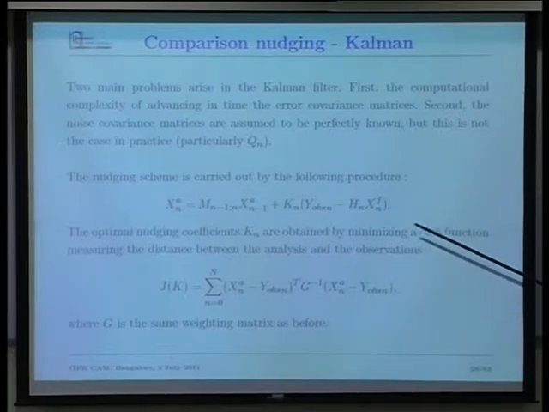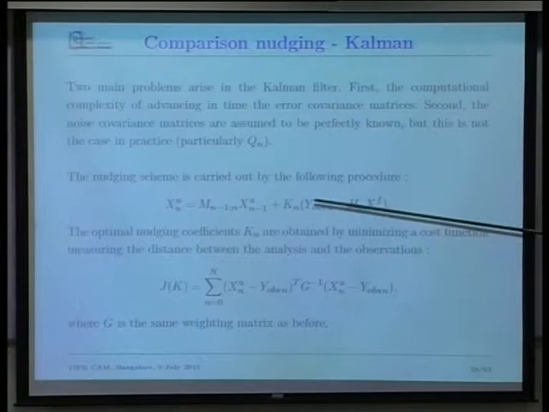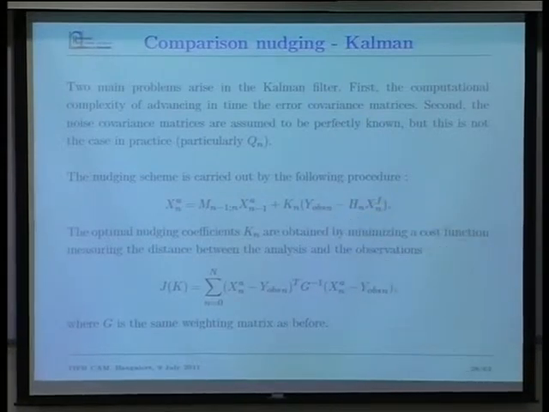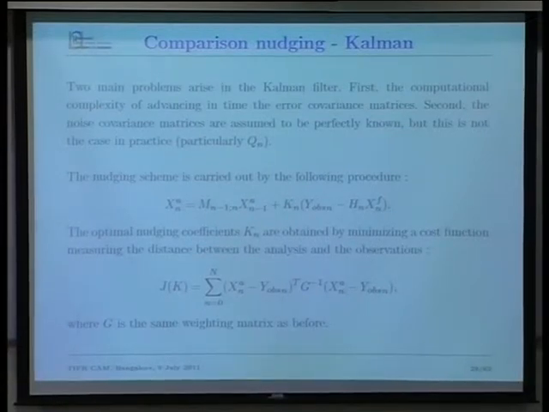Okay? So you can do it in two steps. You can first solve the model, dx over dt equals f of x, and then add the nudging term. Update your state with the nudging term.